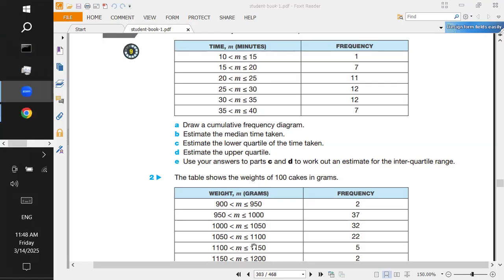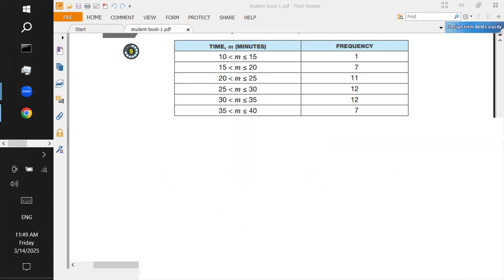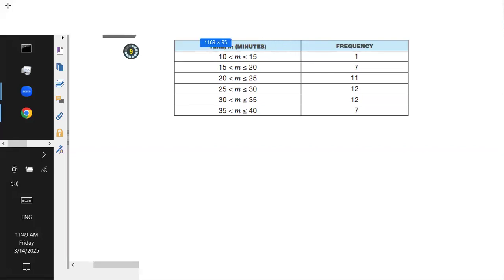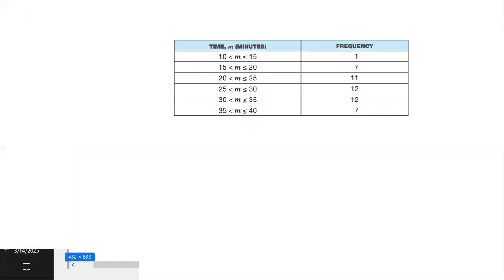This is a very important question, so you have to focus on the steps. I just need the table so I can work out the cumulative frequency, and then I'll do a cumulative frequency diagram and explain how to find the quartiles from that diagram.